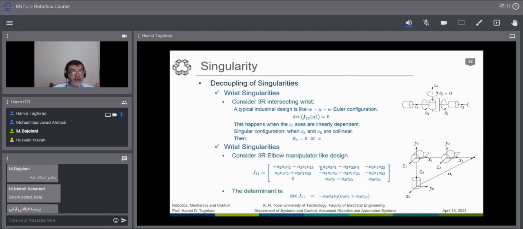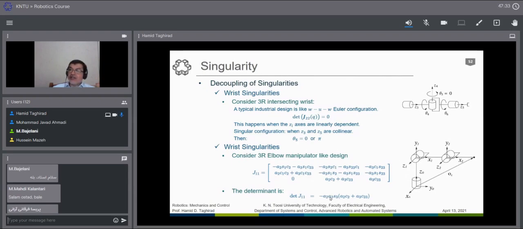We can find the determinant. We can find also from physical property when the determinant becomes 0. If you find the Jacobian, the determinant is composed of 2 parts, and if either of them is equal to 0, then we have a singular configuration.